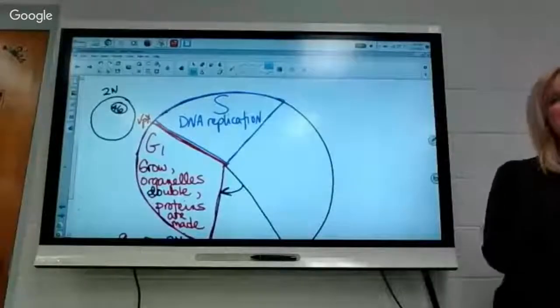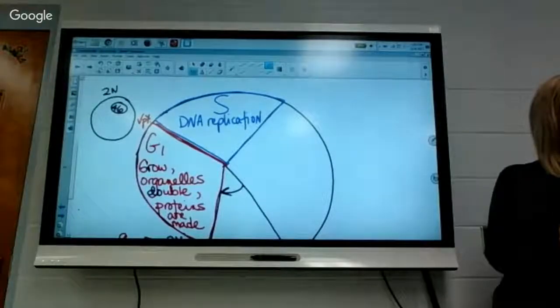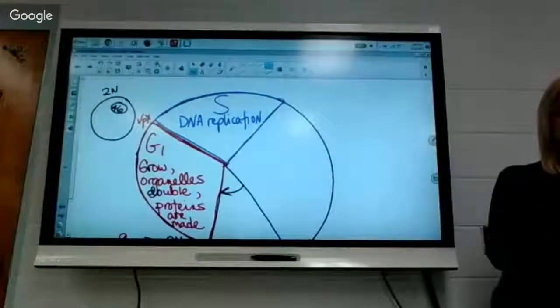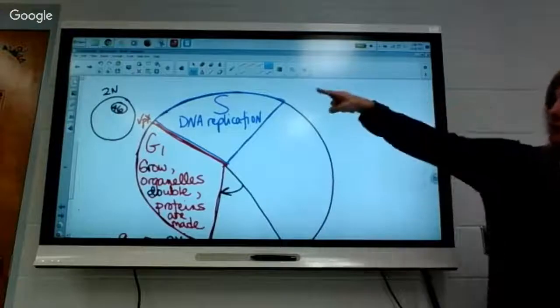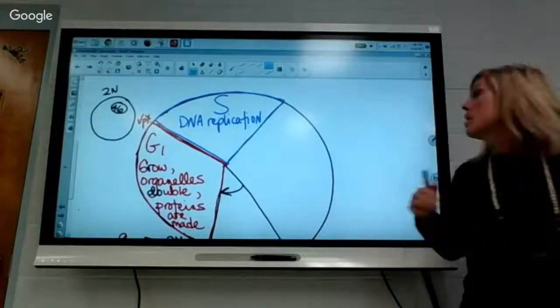If the DNA doubles, how many chromosomes will be inside that nucleus at the end of this phase? 92, double. So it won't be 2N anymore. What's it going to be? 4N.